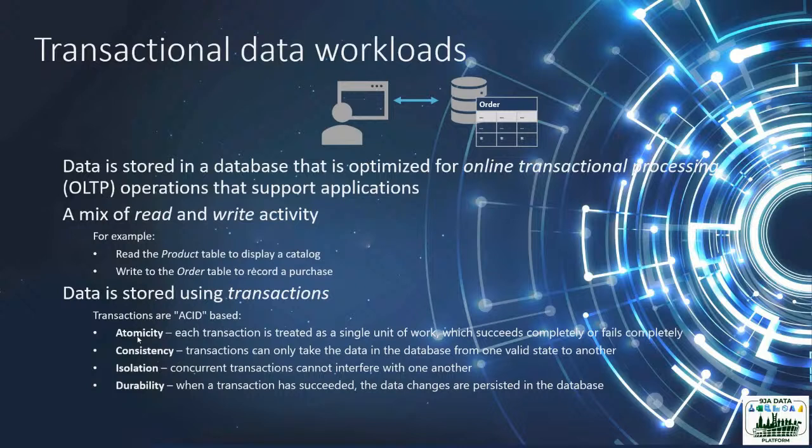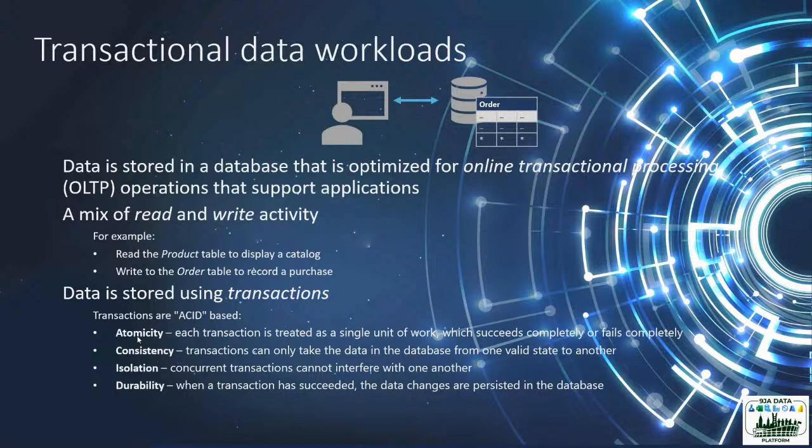So each transaction is treated as a single unit of work, which either succeeds completely or fails completely. Consistency: a transaction can only take the data in the database from one valid state to another.